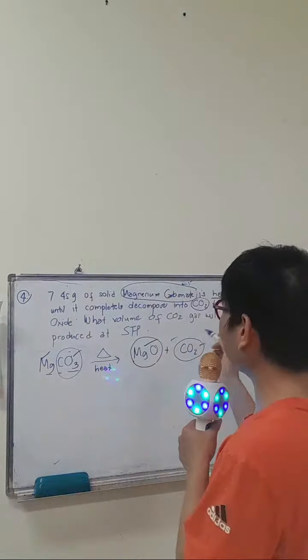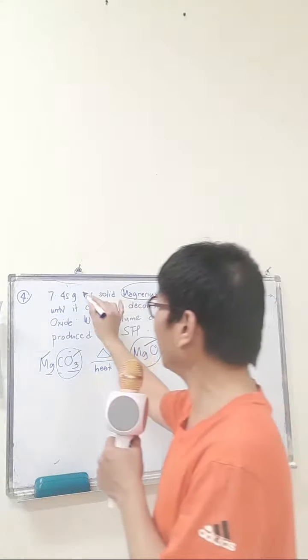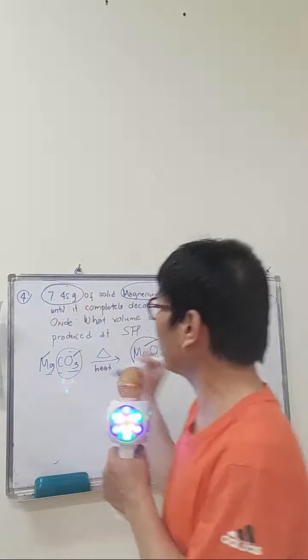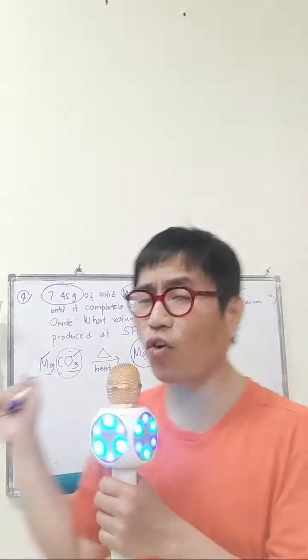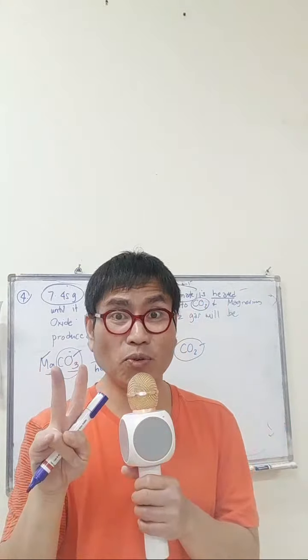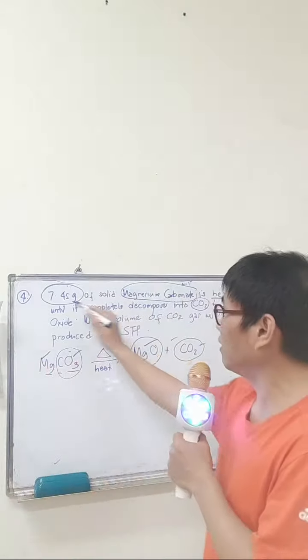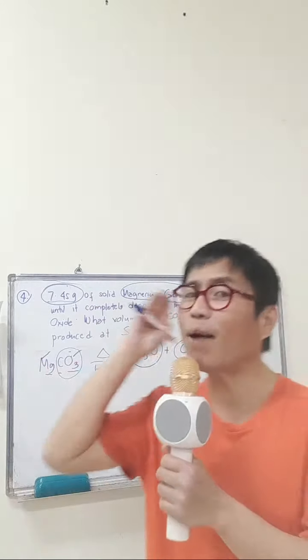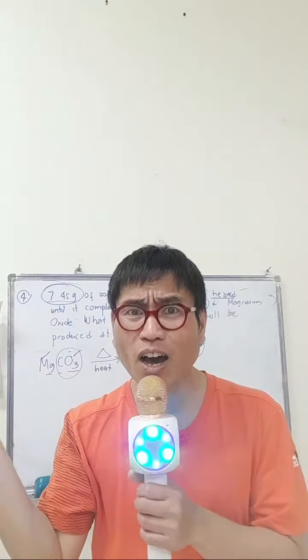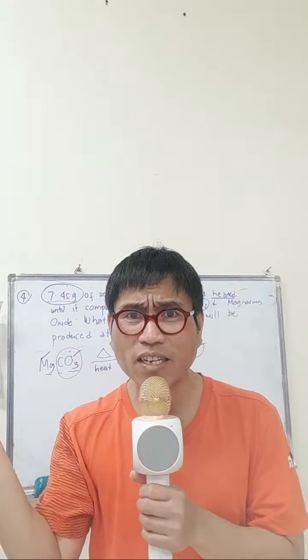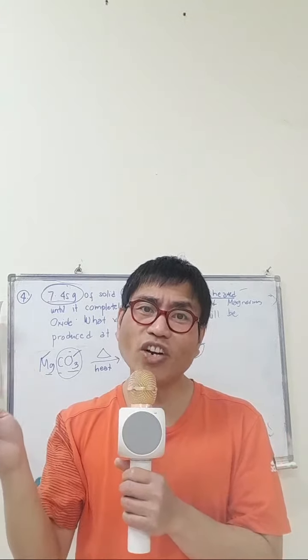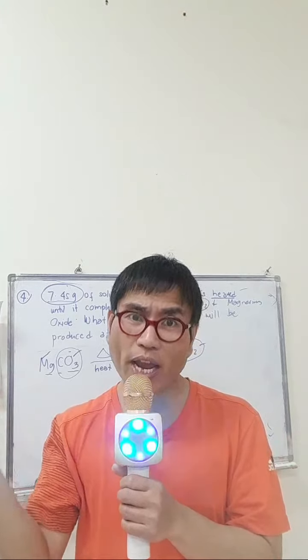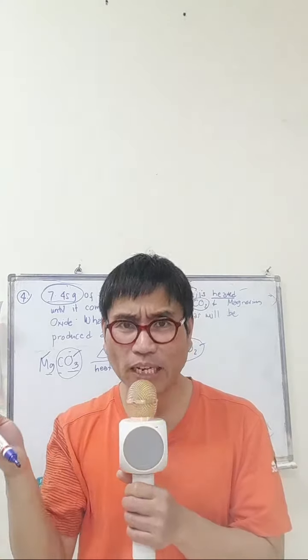In this case, guys, there is only one given, 7.45 grams. If we were to use a standard formula and equation, we would need at least a minimum of 2 data. But this has only one. So the first thing that comes to your mind is, why is there only one? How can I solve this? That could mean you can use the dimensional analysis conversion way of problem solving.